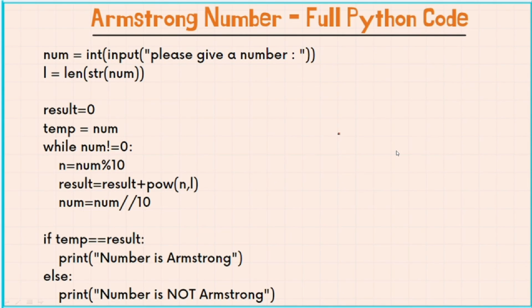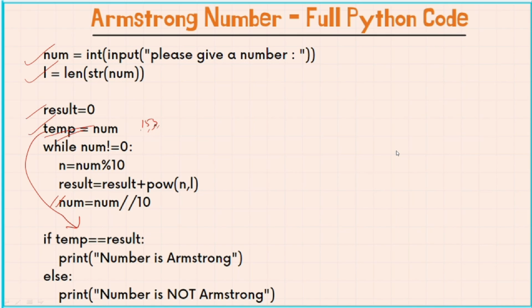So the comparison is done and finally we get the result. Now the entire code we can see in a single glance. We accepted the input from the user, we found the length of the input number, then we initialized the result variable to 0 and we stored 153 in the temp variable so that it can be used later for comparison, because we see num gets modified in each loop. Then we iterate while num is not equal to 0 to go through all the digits.